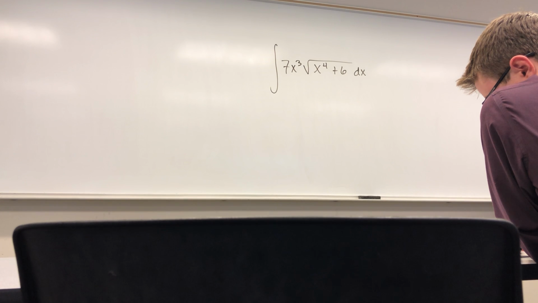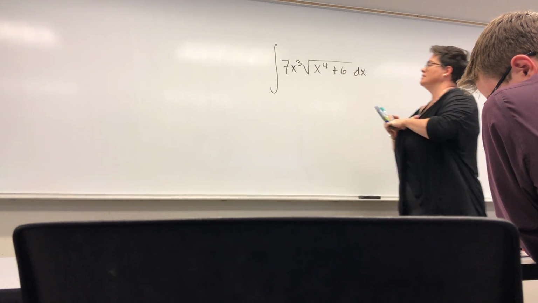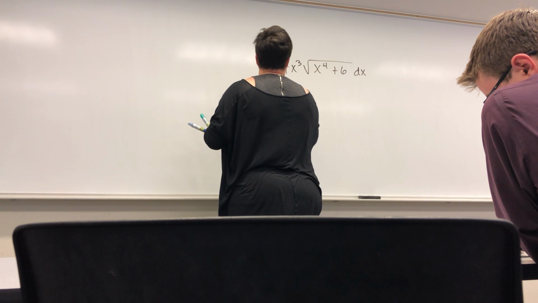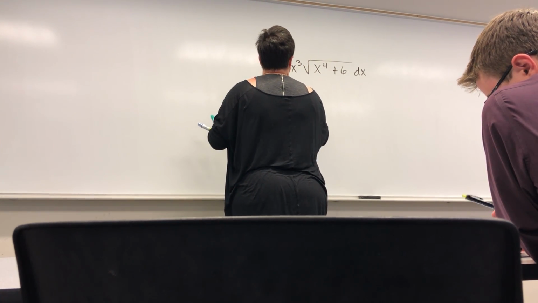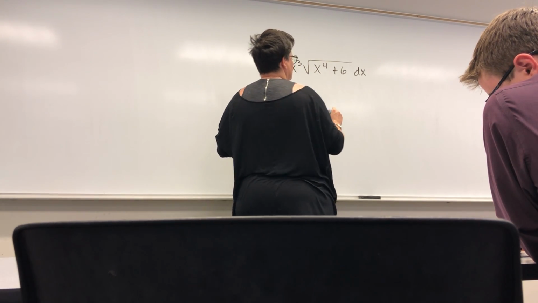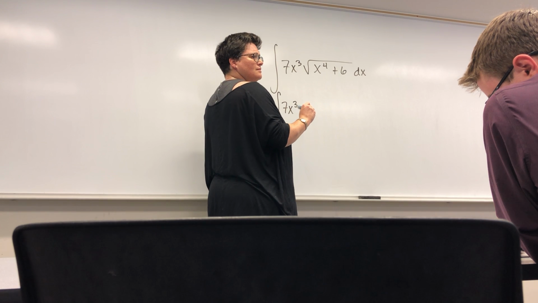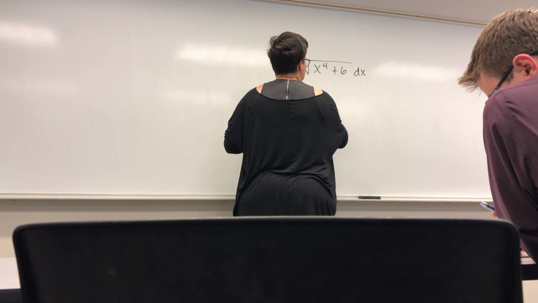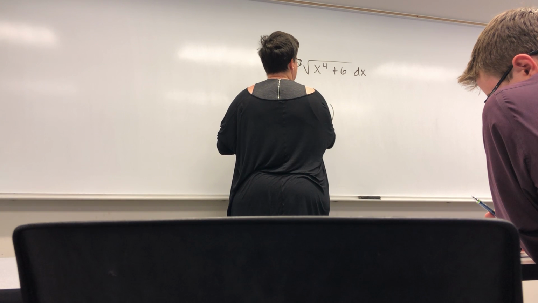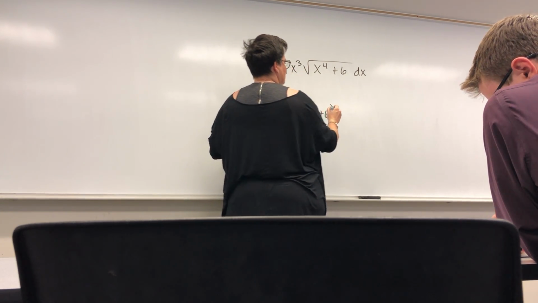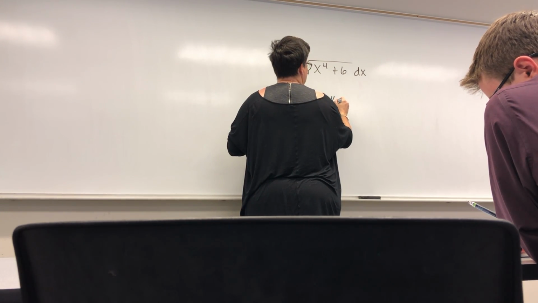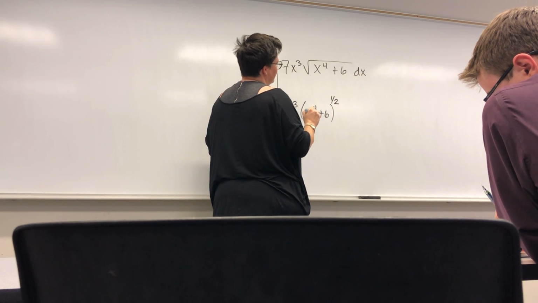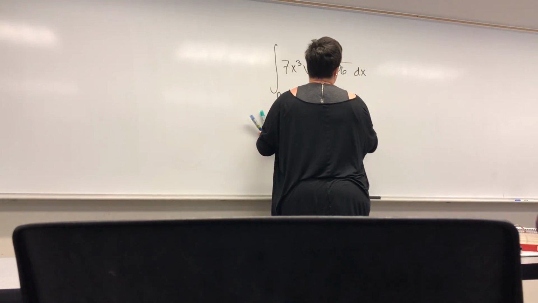How? 7x cubed times (x to the fourth plus 6) in brackets, and it's going to be to the 1 over 2. Where'd you get the 4, Maria?